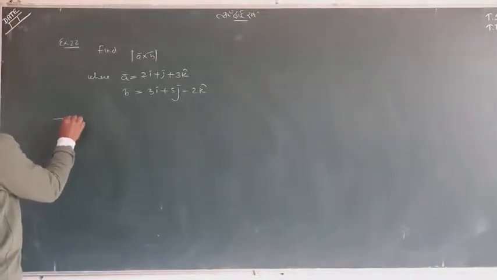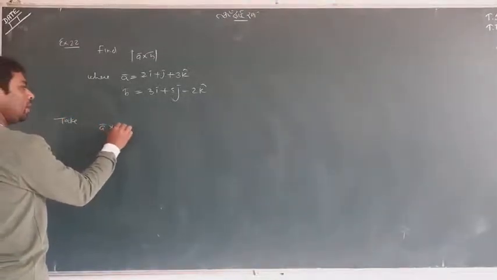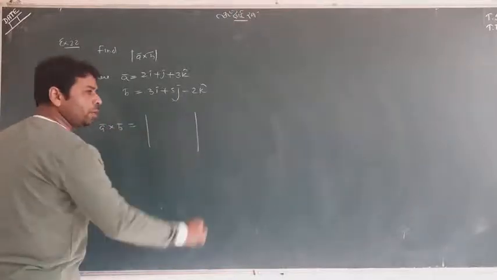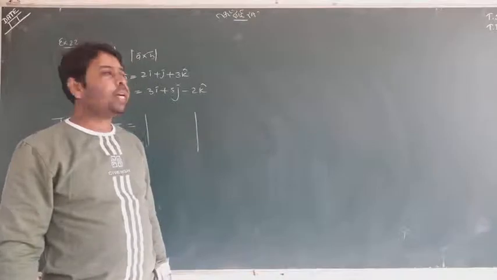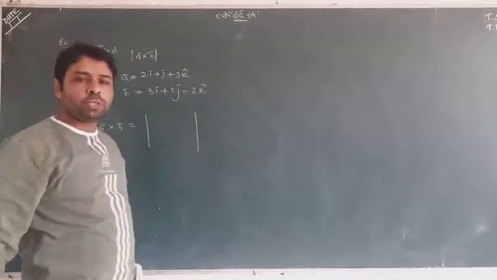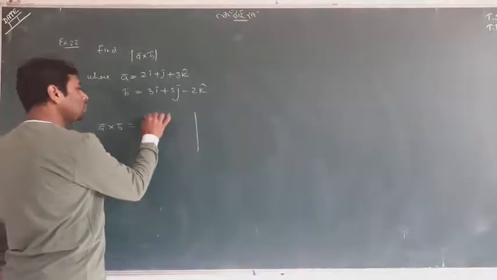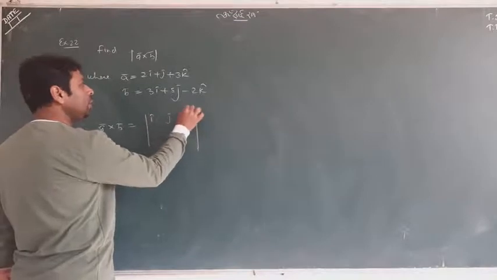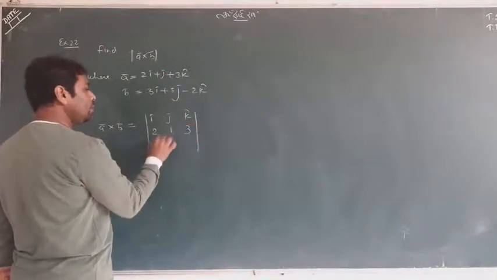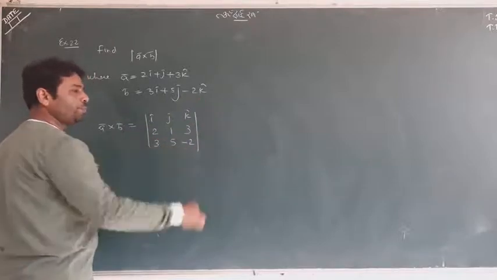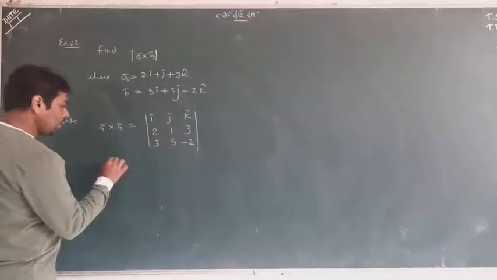You know the meaning of A cross B. Don't use the definition A B sin theta n cap, because A and B are given in i j k form. Use the determinant method. So A cross B is equal to i, j, k; 2, 1, 3; 3, 5, minus 2. Now we can open it.